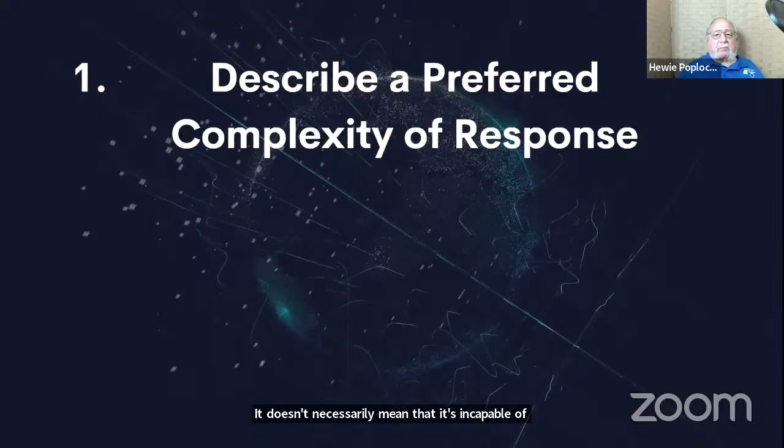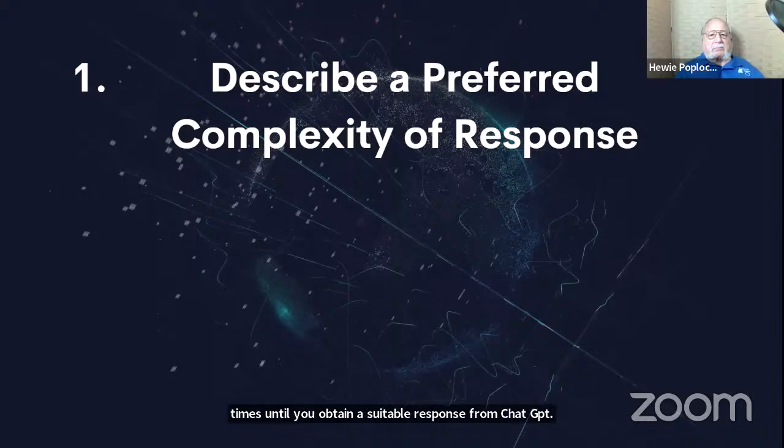It could simply be due to the phrasing of the question being incomprehensible to ChatGPT. In such situations, try rephrasing the question multiple times until you obtain a suitable response from ChatGPT.